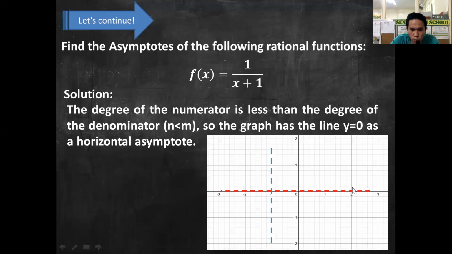Kapag y is equal to 0, yung ating horizontal asymptote ay equivalent or pantay sa ating x-axis. Pag nag-graph ka dito, maaaring ganyan yung graph mo, or pwede rin sa quadrant 3, pwede rin sa quadrant 1, pwede rin sa quadrant 4. So, at least meron ka ng basis kung ano yung magiging itsura or yung posisyon ng inyong rational function.